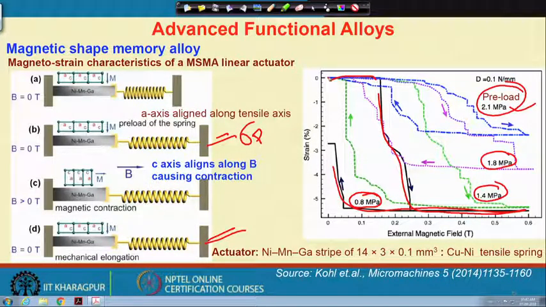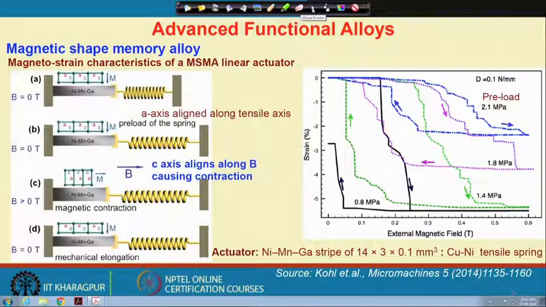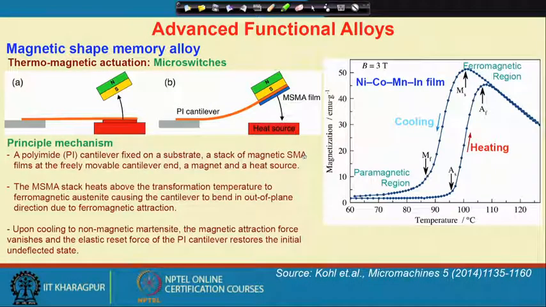So, initially the external field was 0 and then it comes back, whereas the green one almost reaches something like 5% strain. So, this is a very large strain that we can produce, and beyond the elastic limit, such magnetically induced strains are recoverable strains. So, we can easily use this material as an actuator and it is already being used.